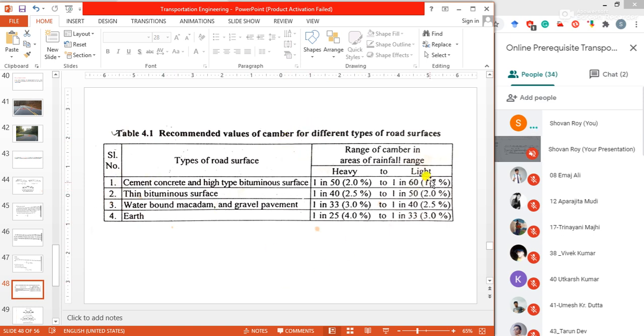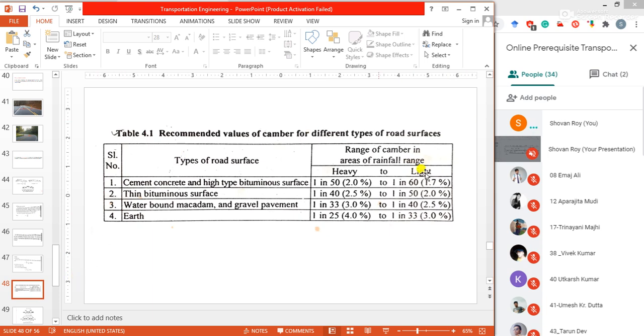You should know the value for cement concrete and high type bituminous surface for heavy and light rainfall, for bituminous surface, for waterbound macadam or gravel pavement, and for earth surface. These values should be by heart: 1 in 50, 1 in 60, 1 in 40, 1 in 50, 1 in 33, 1 in 40, 1 in 25, 1 in 33.